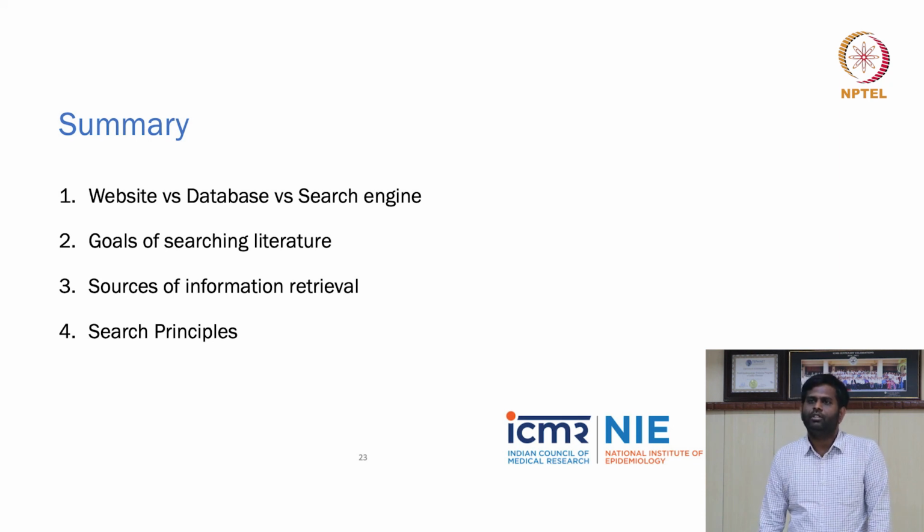We went through the different sources of information retrieval for a systematic review, including the paid subscription-based and the free open access search engines. And we also saw the principles of searching, namely the Boolean operators, the field searches, and the controlled vocabulary. That's it for the presentation.